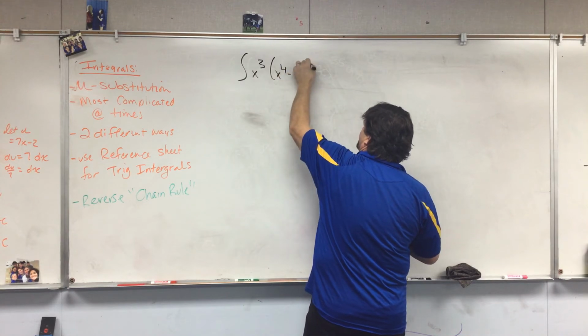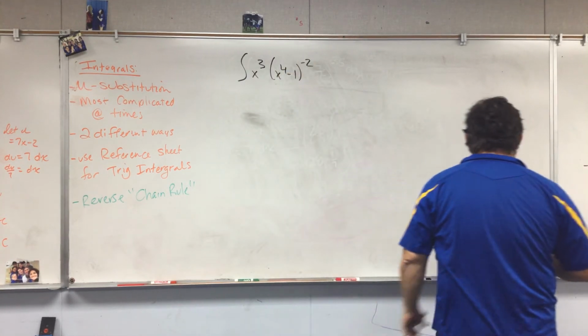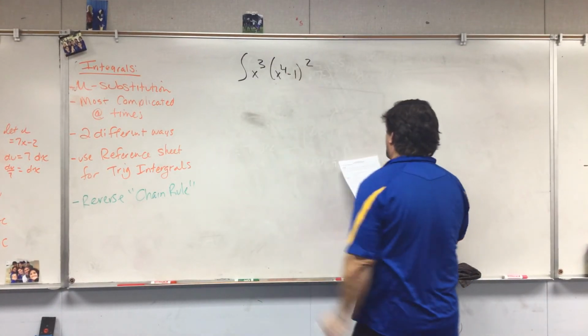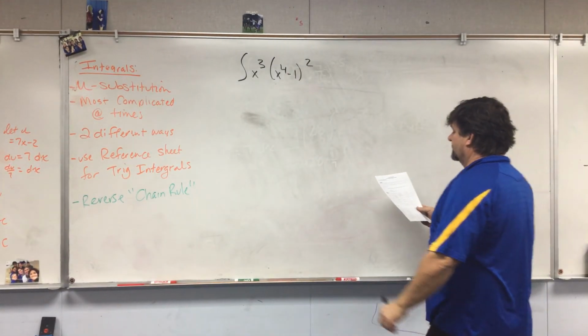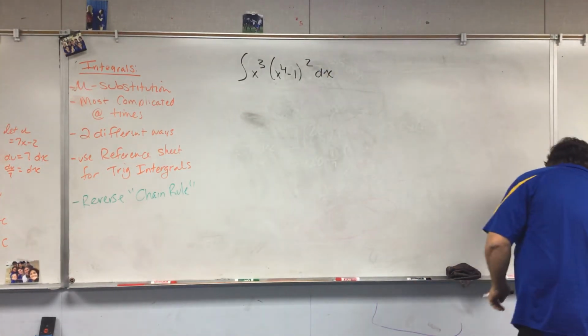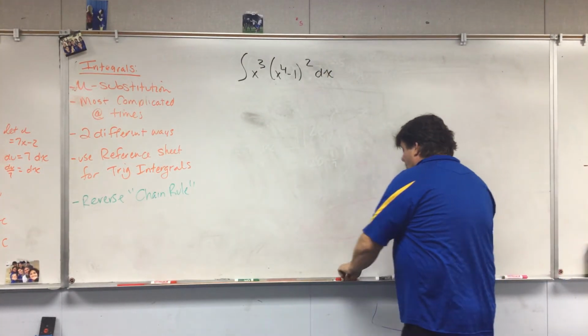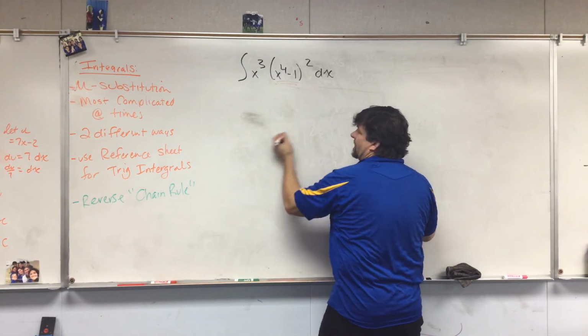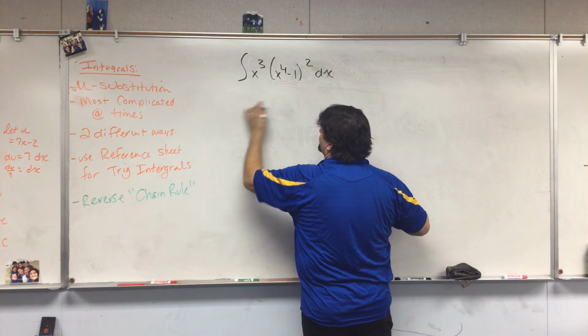All right, guys, let's do this second one here. I keep writing the wrong negative. It's just 2, sorry. All right, so we're dealing with this one. Don't forget, this is dx. We know this had to come from the chain rule somehow. So let's just make it easy on ourselves.